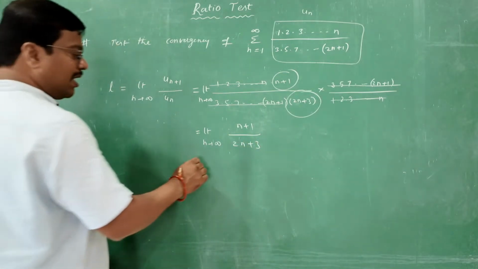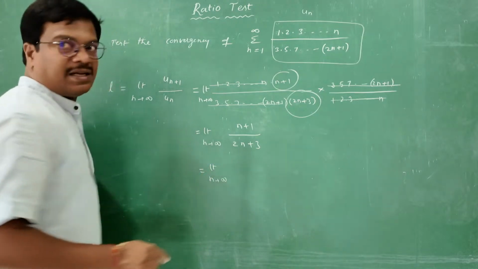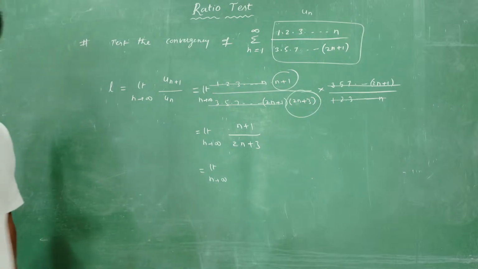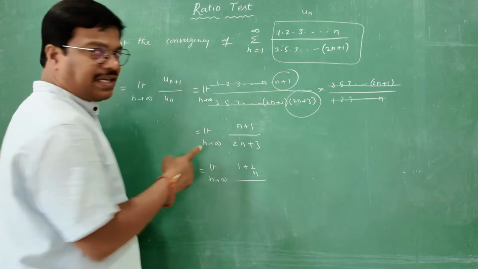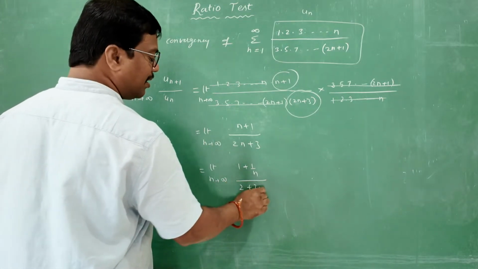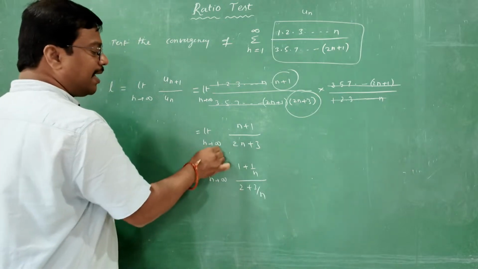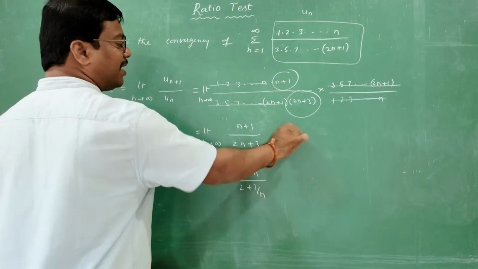Suppose that I divide each and every term with n, then what happens? This is 1 by n. I am dividing each and every term with n. Remember, 2 and then 3 by n. If I write directly n tends to infinity, it goes to infinite by infinite form.